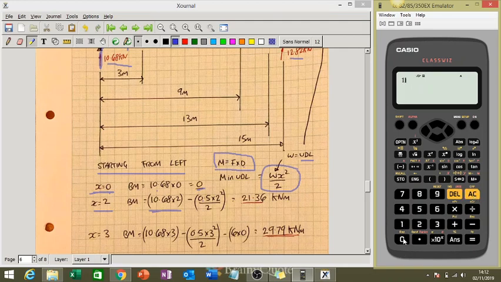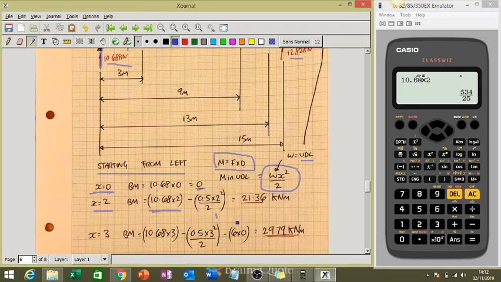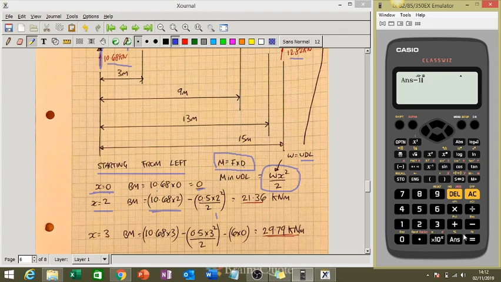So 10.68 times by 2, take away 1, gives me a bending moment at that point of 20 point, what's gone wrong there? 0.5 times by 2 squared equals that, divided by 2, yeah, 1.